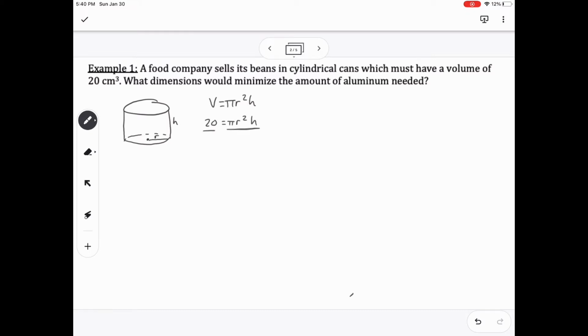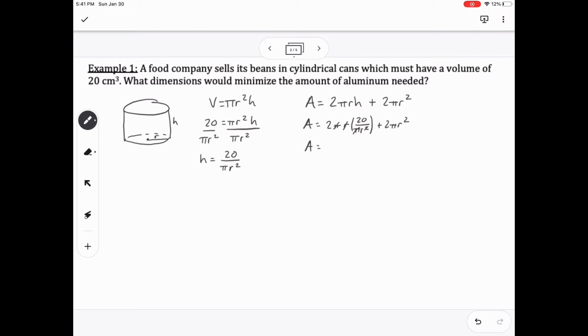So I'm going to plug that in, and that allows me to kind of find or isolate one of the variables, because I need to have another equation that has those same variables in common, which in this case would be the area. So the area of the outside would be 2 pi r, because that's the circumference, times h, plus the 2 circles that are on top and the bottom, so 2 pi r squared.